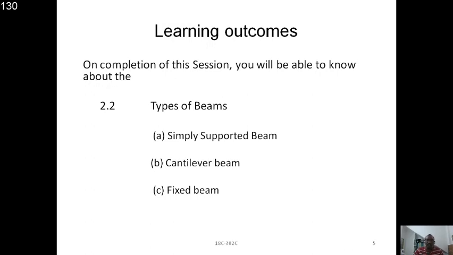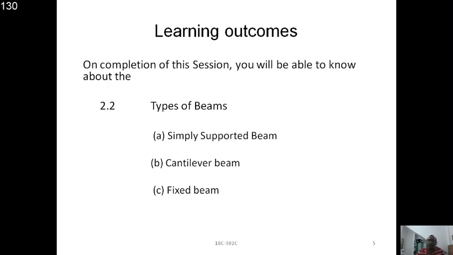The first one is foundation, second is column, third is beam, fourth is slab. These are the structural elements. If you observe, some are horizontal members, some are vertical members.